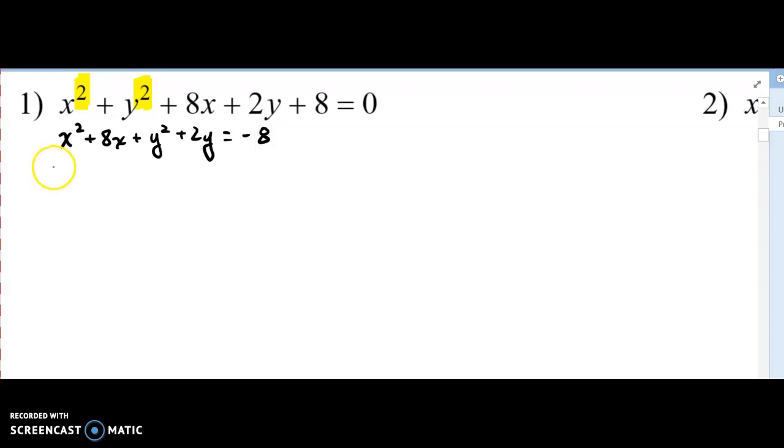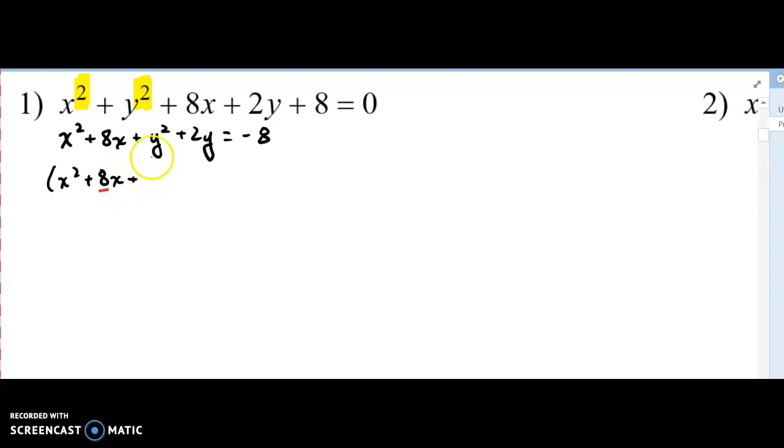Now I'm going to start the process of actually completing the square. And for this example, since it's x squared and y squared, I'm going to have to complete the square for both variables. So if you recall from algebra, when you complete the square, we're going to take half of the coefficient of our x term, or our term that's degree 1.